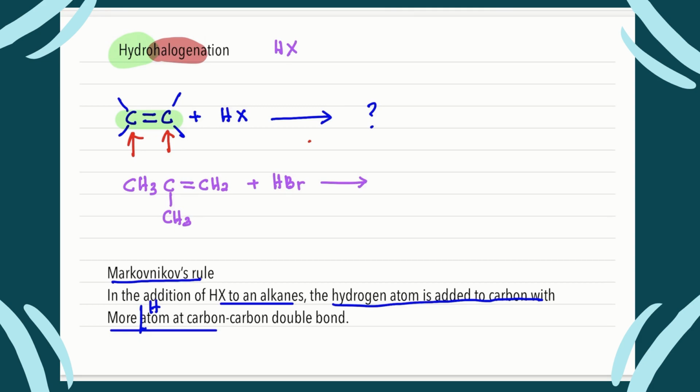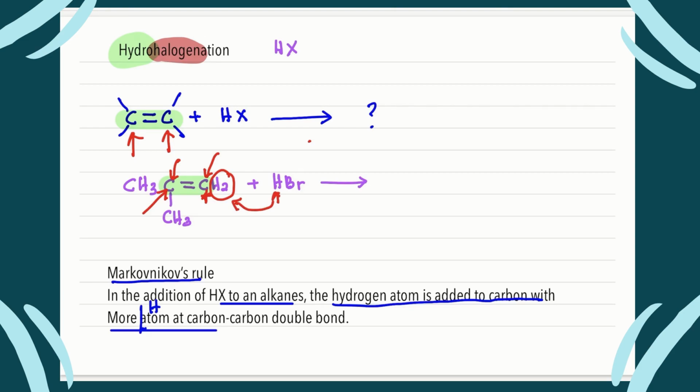First, let's focus on the functional group, which is the carbon double bond, and then we have two different carbons. This carbon is attached to two hydrogens, while this carbon does not have any hydrogen, meaning that the hydrogen will attach to the carbon with more hydrogen.